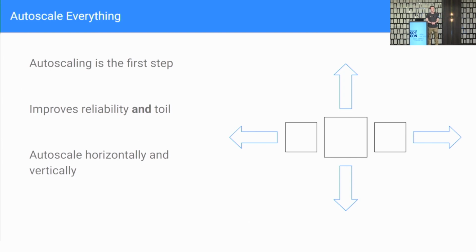In those cases, you might want to consider vertical autoscaling. Vertical here being adding more CPU and RAM to your servers in place, so making bigger, fatter servers rather than more of them. The downside is that vertical autoscaling is not necessarily available everywhere. It depends on which platform you're running on, but I do know, for example, that it is available on Kubernetes.